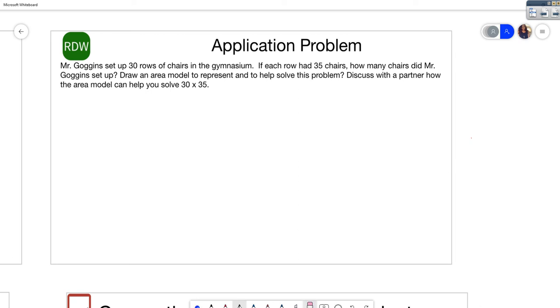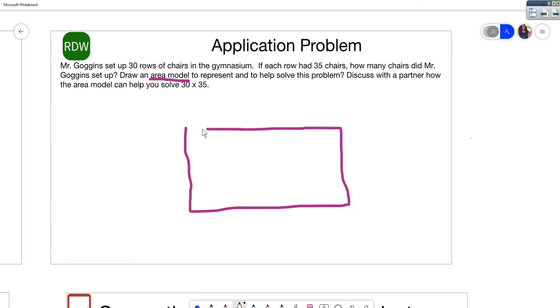Well, we talked about this at the start. An area model would mean that we need to draw a rectangular shape. We know that Mr. Googins had 30 rows of chairs. Each row had 35.